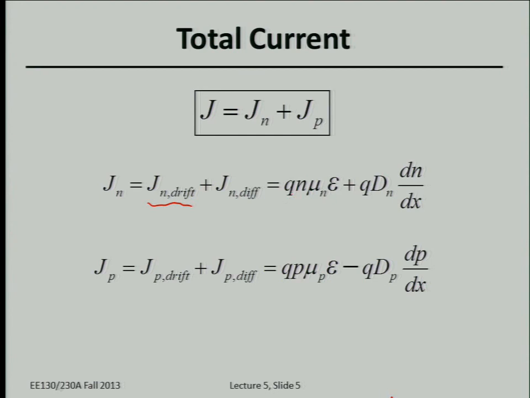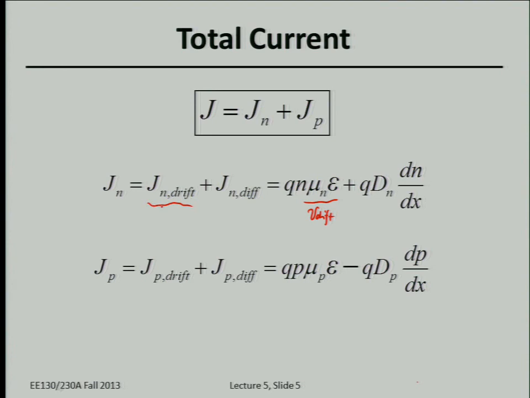For electrons and holes, the drift current is equal to charge q times carrier concentration times carrier mobility, which is defined as the ratio between the carrier drift velocity and the electric field we apply, times the lateral electric field. This gives us the drift velocity in the semiconductor devices. So the first term is the drift current, and the second one is the diffusion current.